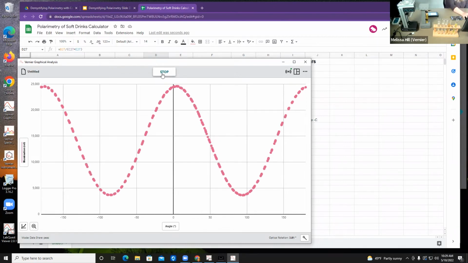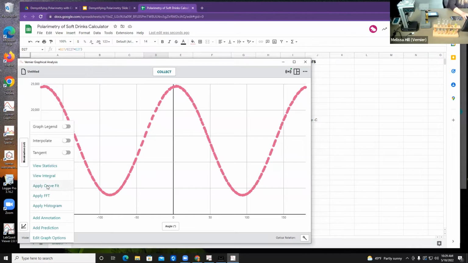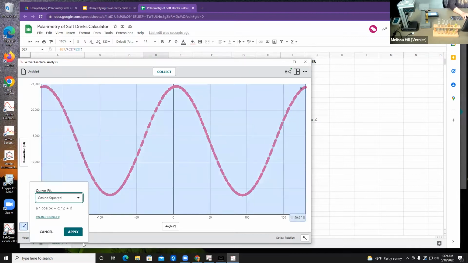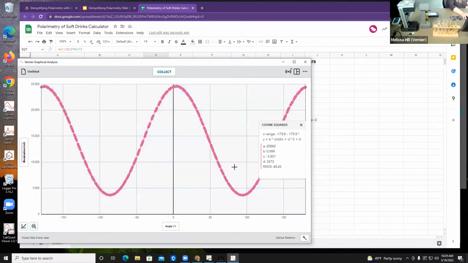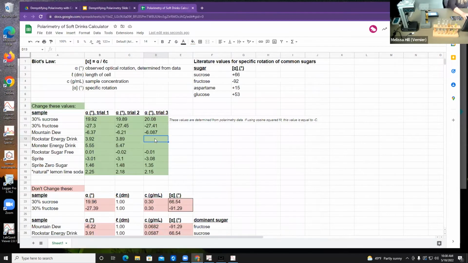And indeed, I'm getting a little bit of a positive shift here. So I can go through and get the actual value, the observed optical rotation there of 3.8. And then I have for my Rockstar energy drink.